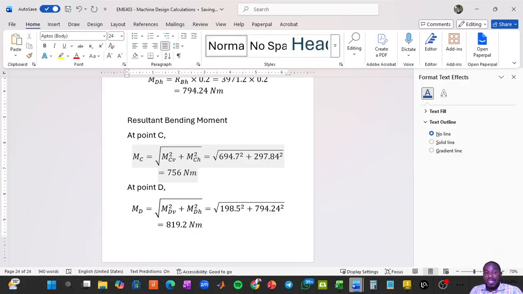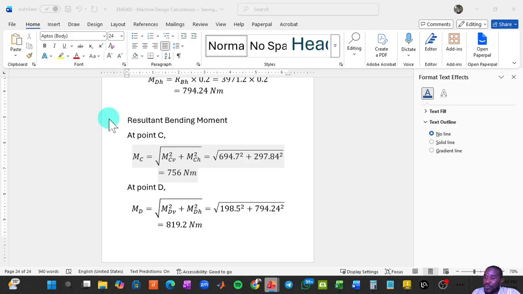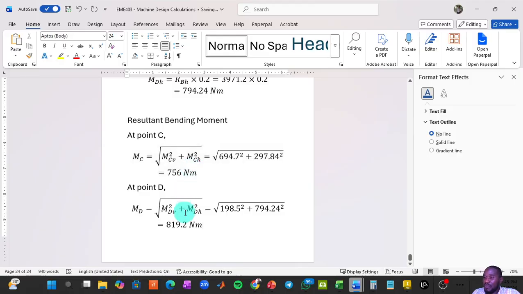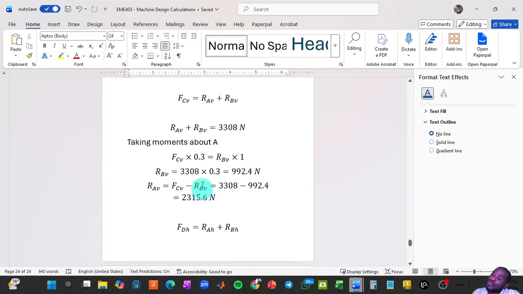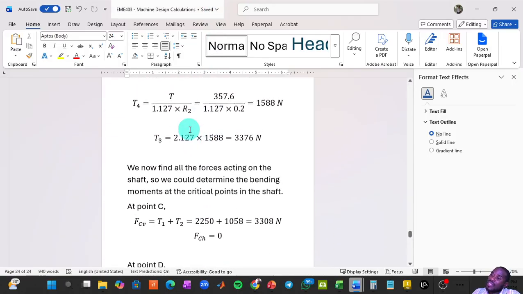So when we look at this, follow me now. We are where we wanted to be. Between these two, MC and MD, the bigger of them is 819.2 Newton meter. And so we say that that's the maximum bending moment acting in this shaft.